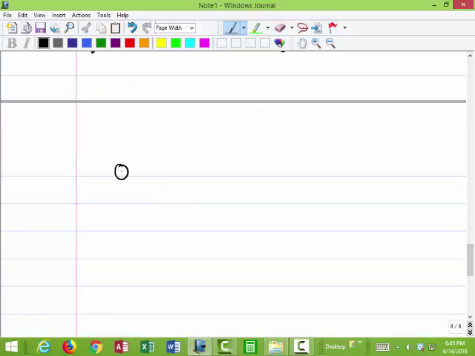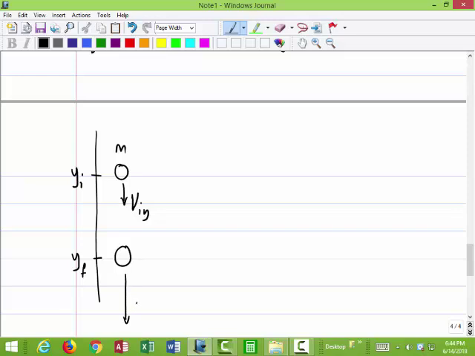So let's say this is an object of mass m, and it falls from an initial position, y subscript i, to a final position y subscript f, and it has initial velocity v_iy and a final velocity v_fy. So we are using the subscript y, as you know, because the object is falling in the y direction, or vertically.